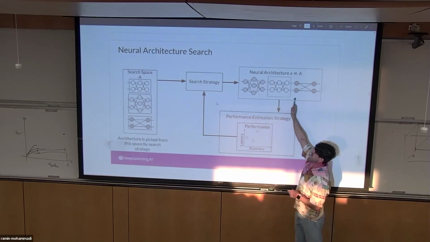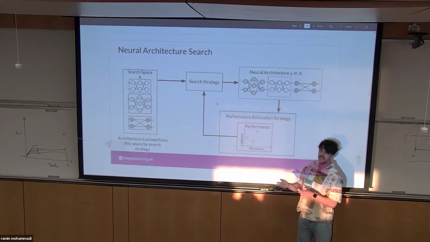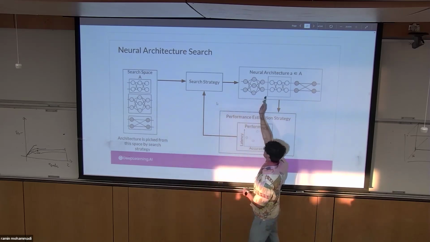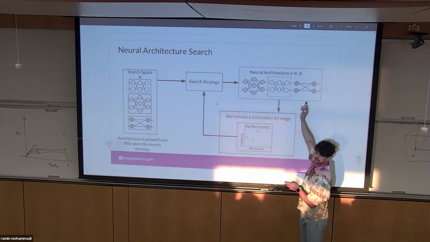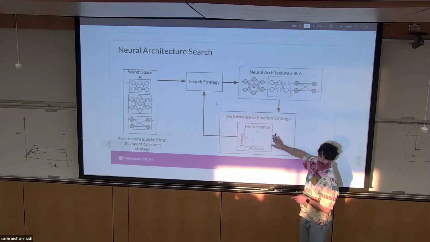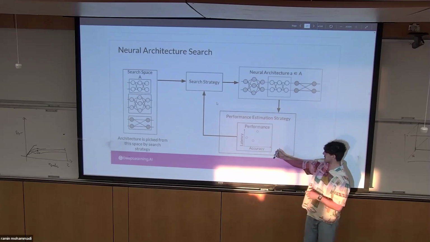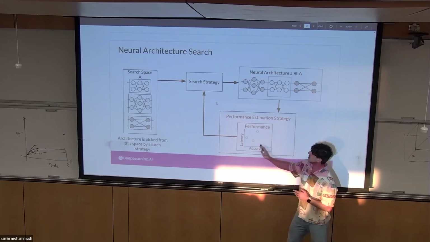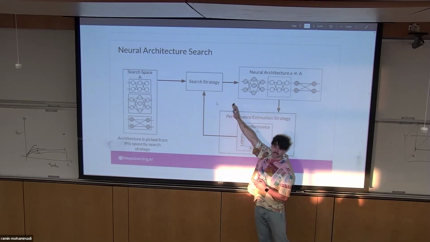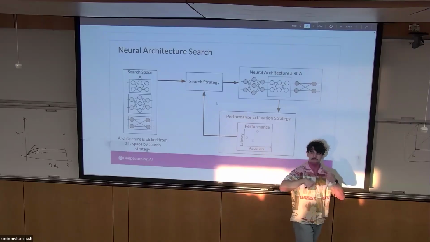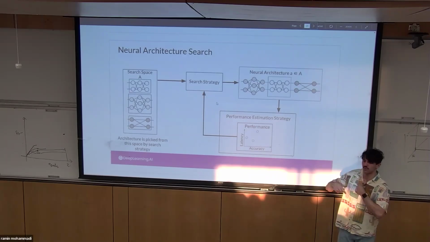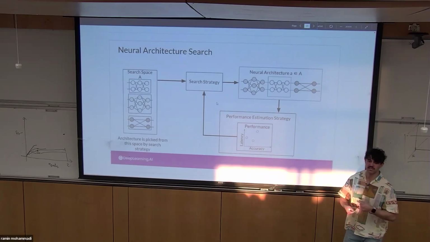And this, the one I see on top, is the algorithm that you created. So the search strategy picks something from here. You have a builder, the builder puts it together and passes it to this estimation. It goes through a couple of epochs, basically interpolates where it's going to be in the future, and gives feedback to the search strategy, which based on that feedback picks the next layer, or reformats or reframes the design.